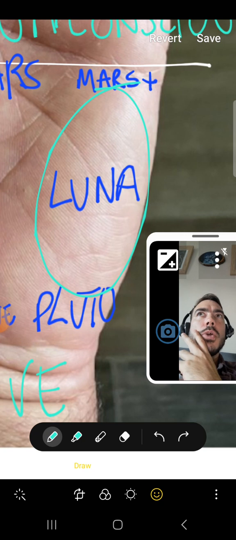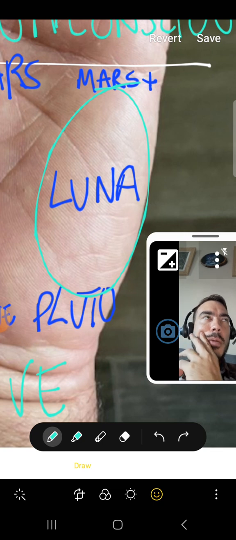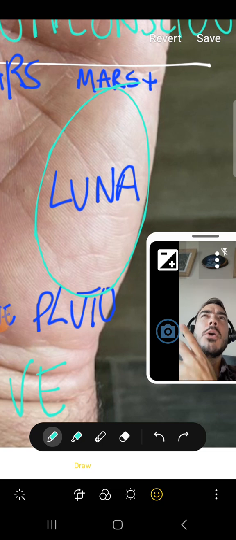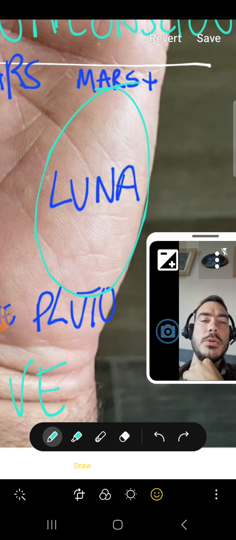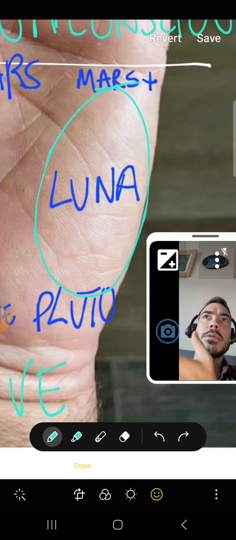So they're quite often into symbology, symbols, metaphors, and poetry, writing. I say they're not necessarily creative, but I think inherently people with well-developed lunar mounts are, but may not have developed those skills into fruition.